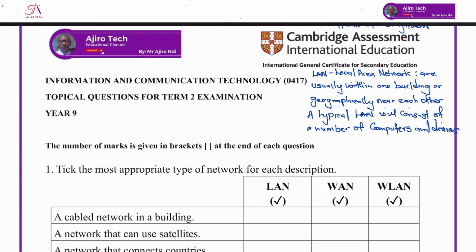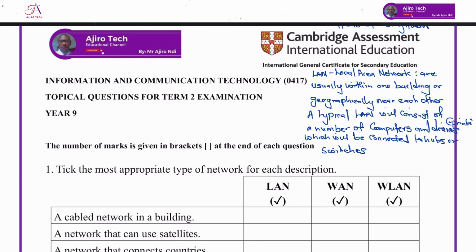What are those devices? An example of those devices here is your printer, which will be connected to hubs or switches.